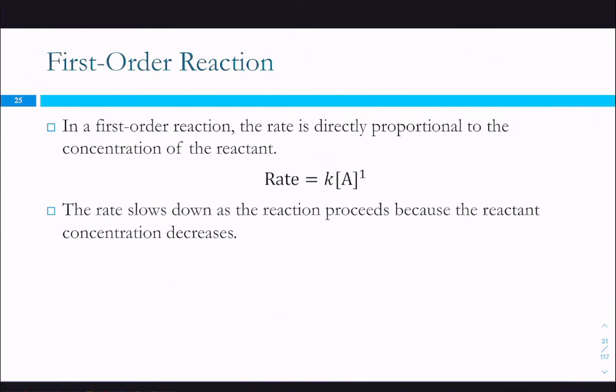For a first order reaction, the rate is directly proportional to the concentration of the reactant. So the rate slows down as the reaction proceeds because we're decreasing the concentration. One example of a reaction of this, something like H plus, and I should write aqueous, plus H2O.